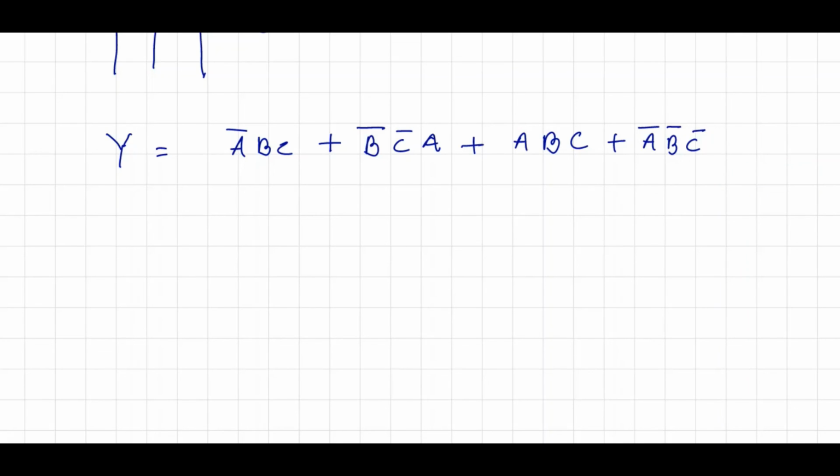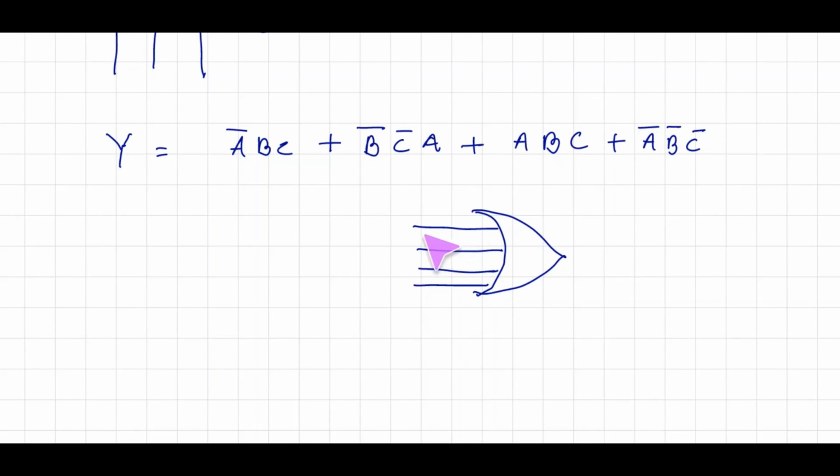So these are four terms. A simple thing for drawing a circuit: this is an ORing operation in which four terms are ORed. So we can first draw an OR gate which has four inputs.